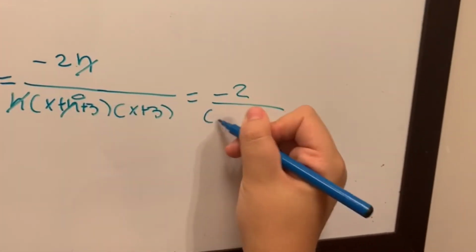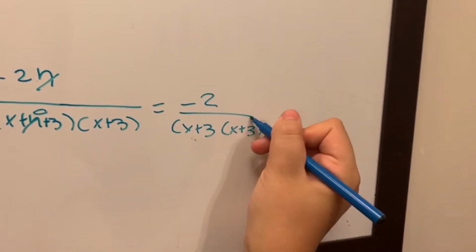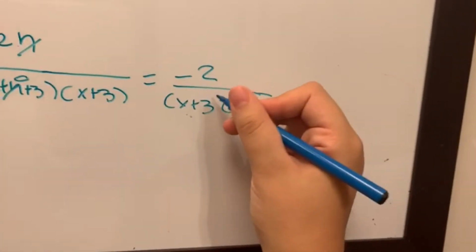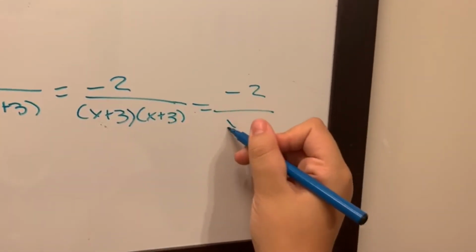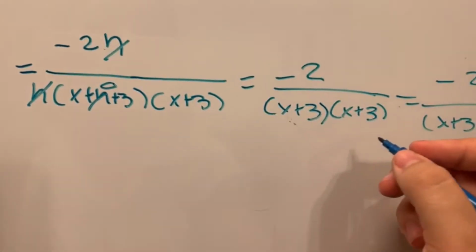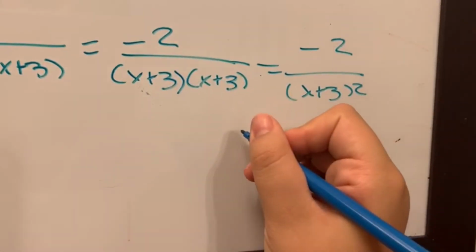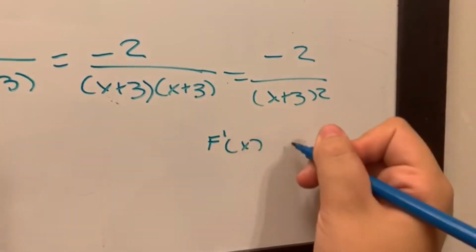Then you'll have x plus 3 over x plus 3. Since you can multiply this, it will become minus 2 over x plus 3 squared. Final answer, and during all your procedure, don't forget to do the derivative notation.